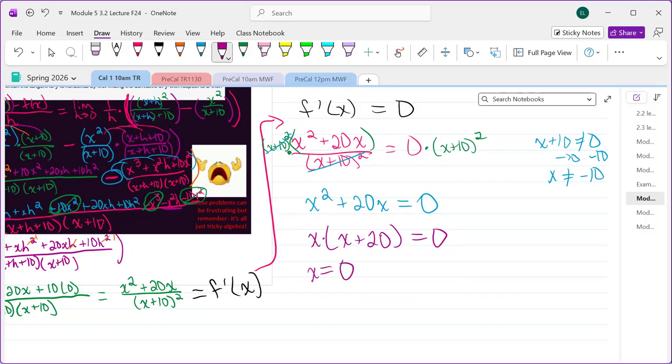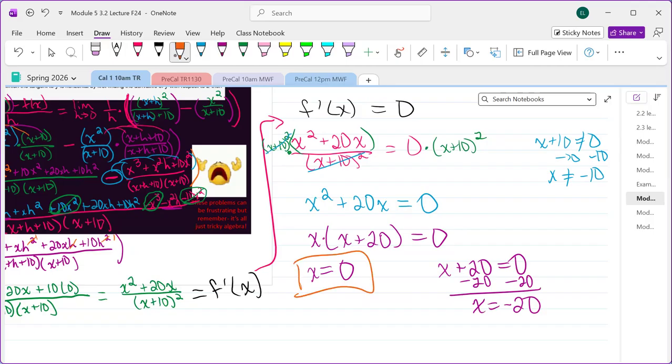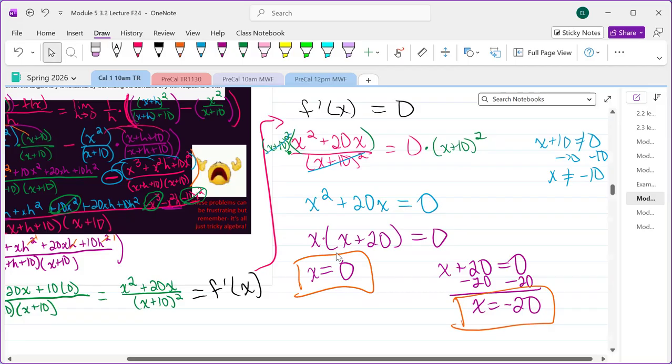The first thing is just x, so x could be 0. The second thing is x plus 20, which we subtract the 20 over, and we have x equals negative 20. So those are the two values on this particular crazy function when the derivative is equal to 0, when the slope of the tangent line is 0.